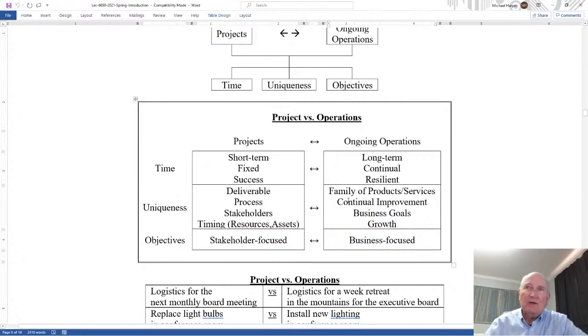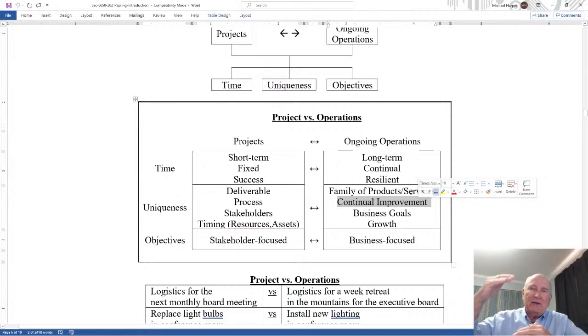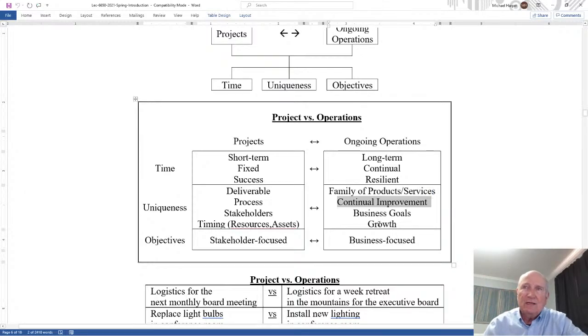In ongoing operations, your output is going to be a family of products or services that are still there. You can improve, but it's still a family of products and/or services because that defines your core competency. As far as processes, you have continual improvement. You keep getting better and better and better. The timeliness of a project, you're not allowed to do that, but you can in ongoing operations. And you have your business goals, and growth is an objective.